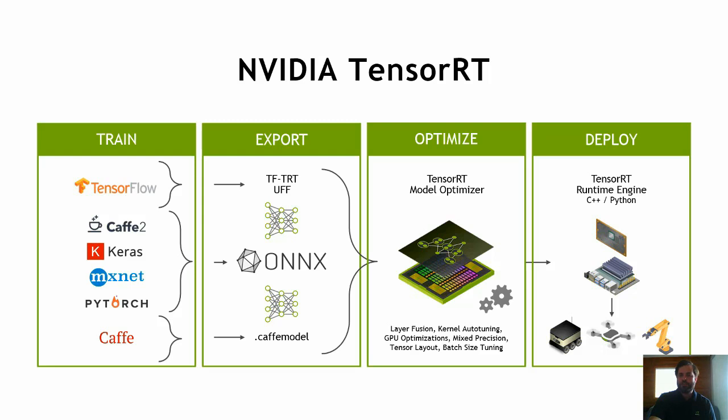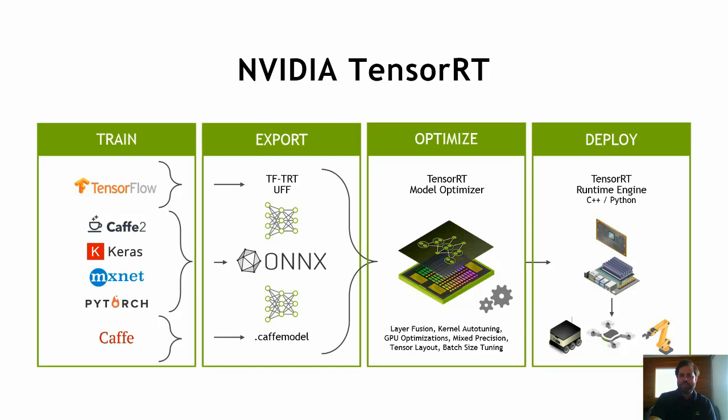How it works is you take your trained model from your framework of choice, import it into TensorRT, it'll optimize the model for the NVIDIA platform and GPU you're on, and then you can save that optimized model for next time and do the runtime inference in C++ or Python with the TensorRT API, or one of the command line tools or wrapper libraries that we've made for it.